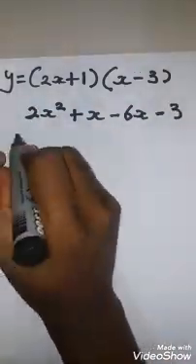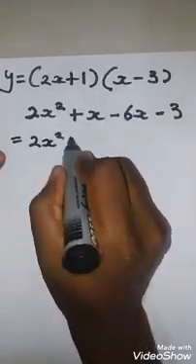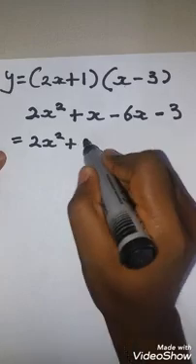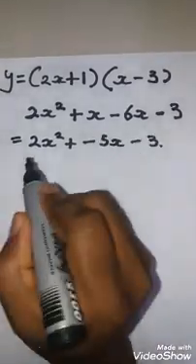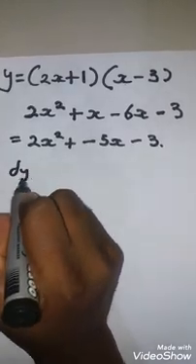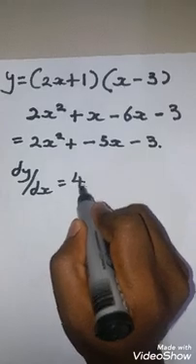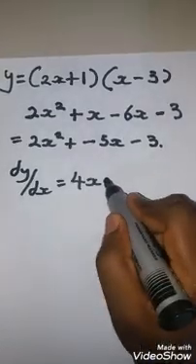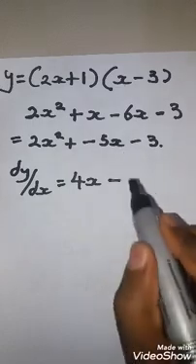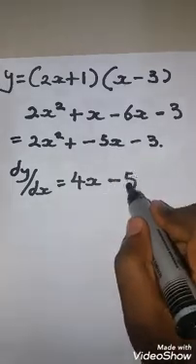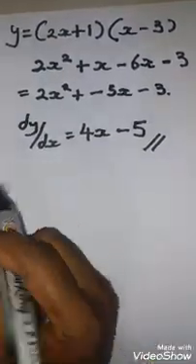Now the common terms, we bring them together. x plus minus 6x, so that's minus 5x, minus 3. And now this is a function which you can easily differentiate. So dy on dx, that's differentiating y with respect to x. We have 4x minus 5 times 1, x raised to the power 0. So that is it.